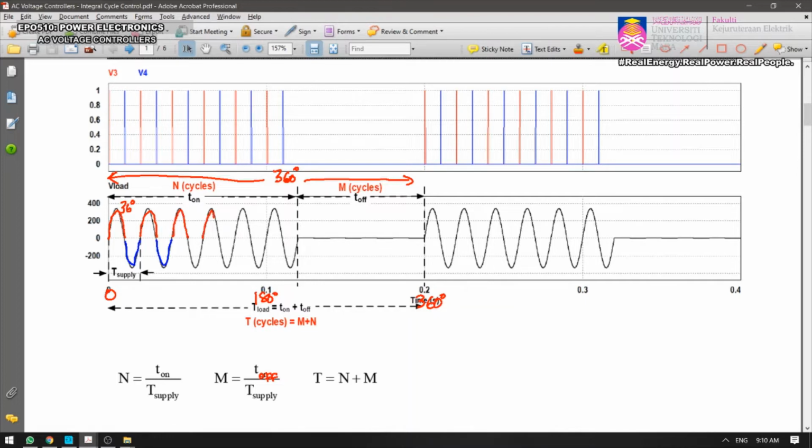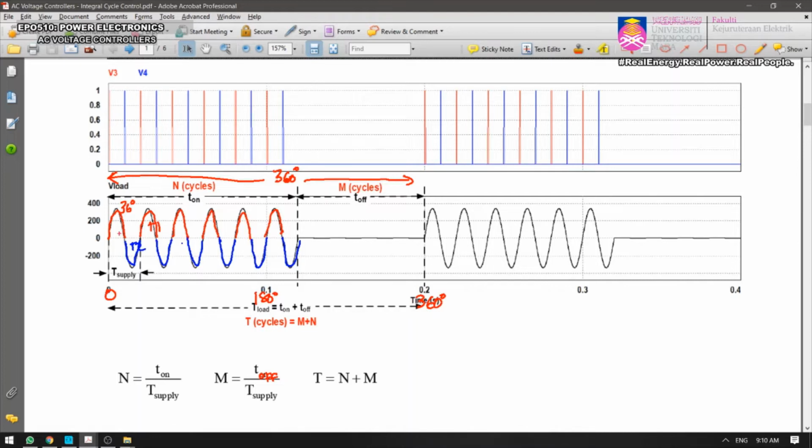I'm going to mark all of this as thyristor 1 on, and this is where thyristor 2 is on. Sorry for that. There you are. This is where thyristor 2 is on, and this is where thyristor 1 is on.